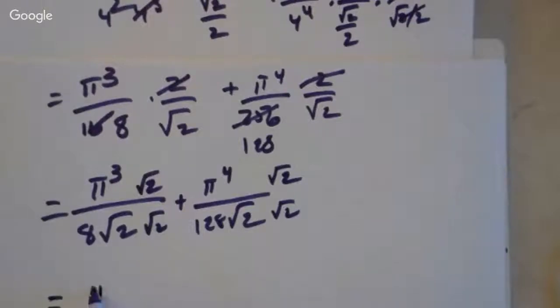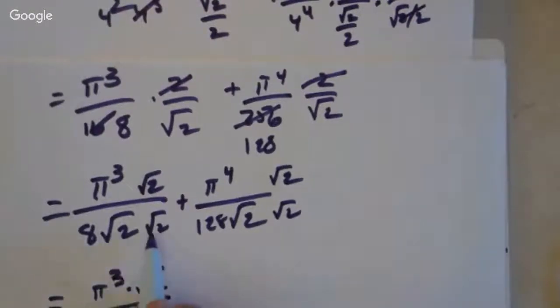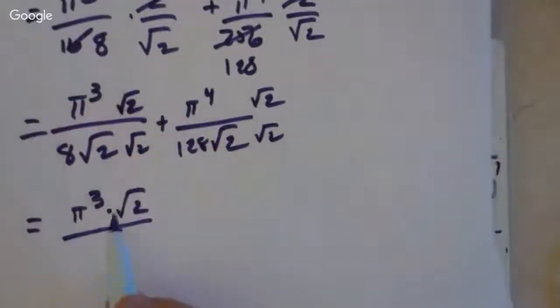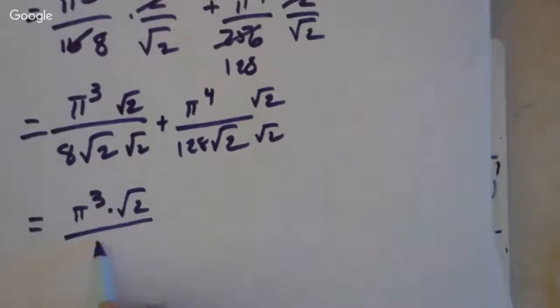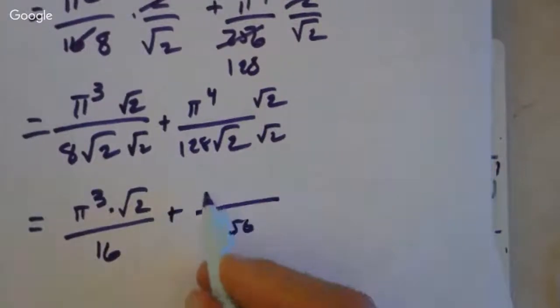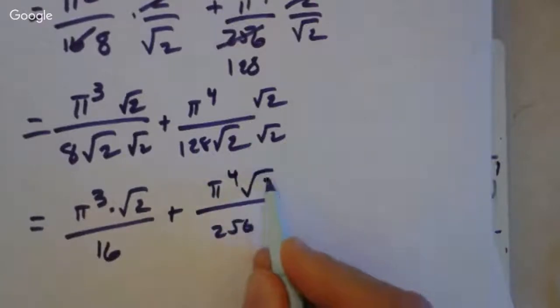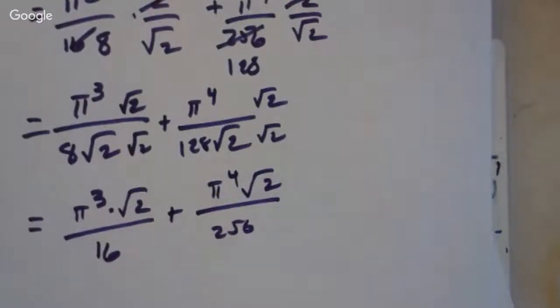So that gives you pi cubed multiplied by the square root of 2. 2 square root of 2 times square root of 2 is 8. No, square root of 2 times square root of 2 is 2. 2 times 8 is... This will return our 256 over here. They're probably going to make a common denominator. 16 times what is 256? Yeah, 16.